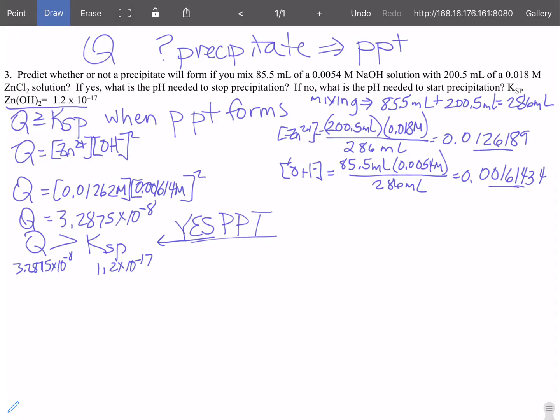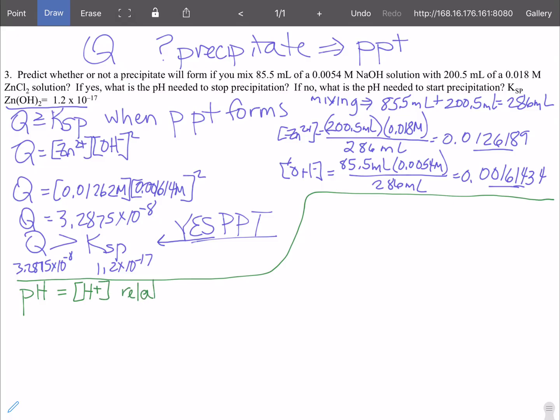Well, on part 2, what we're really looking for is the pH, which we can relate to the hydroxide ion concentration through the pOH. So all we have to do is figure out when precipitation stops or starts.